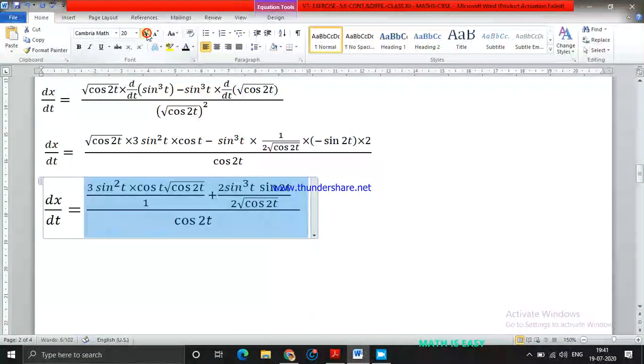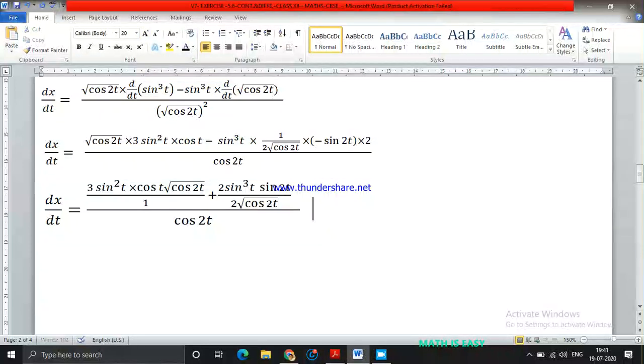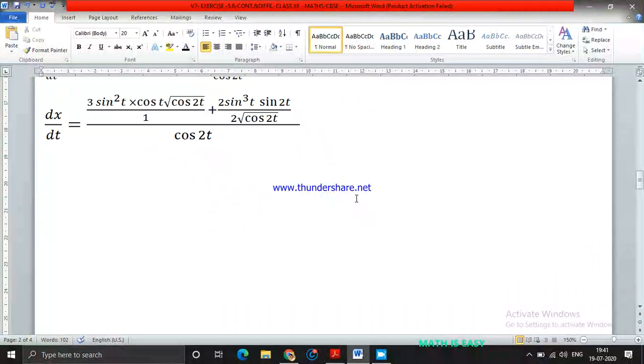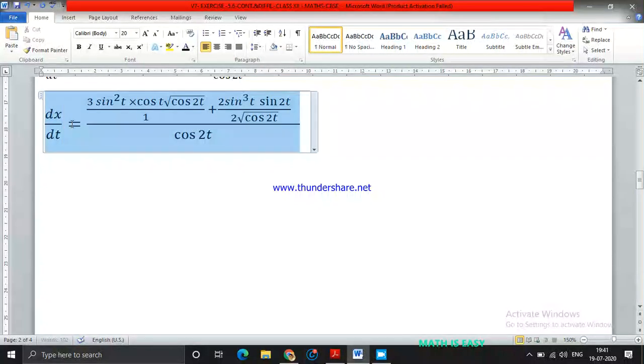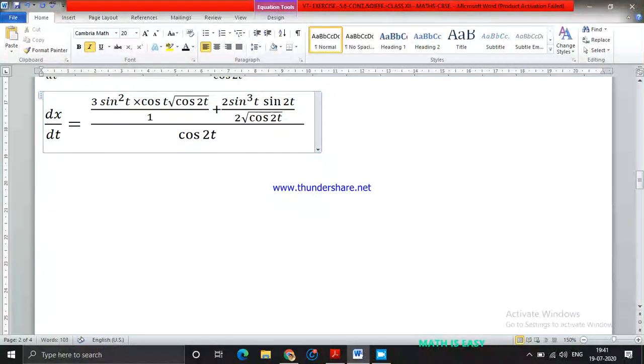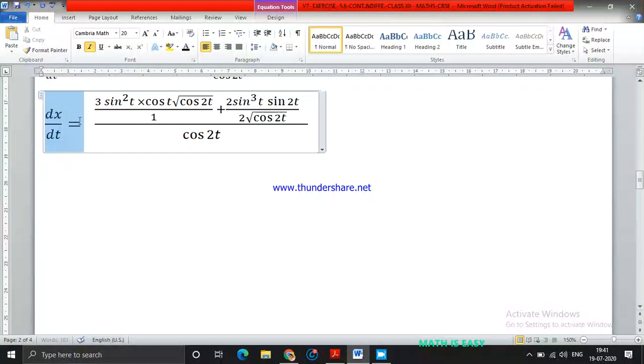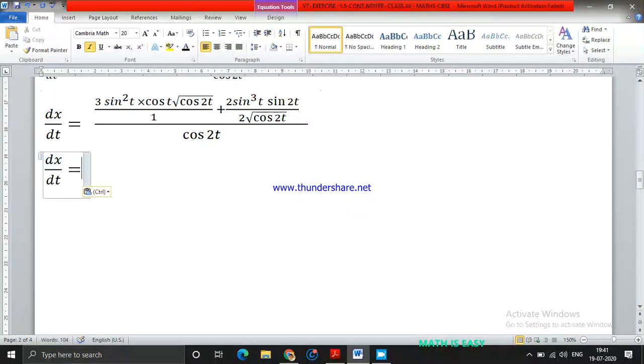Okay, let's increase the font size so that you can see it clearly. So then you have dx by dt equals to, see, I am still solving dx by dt only.